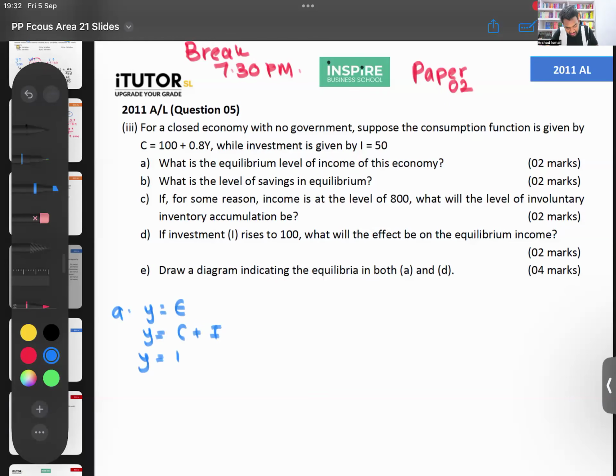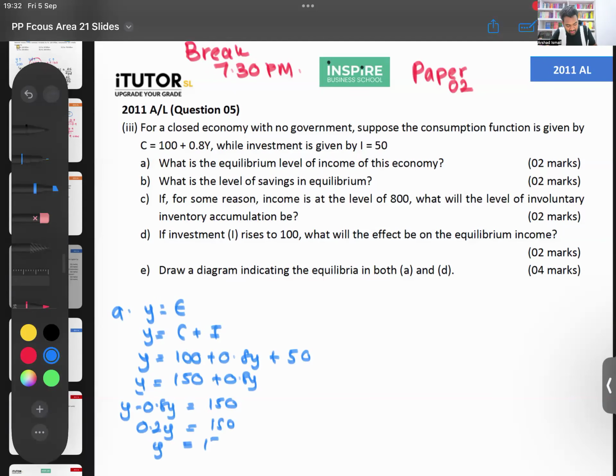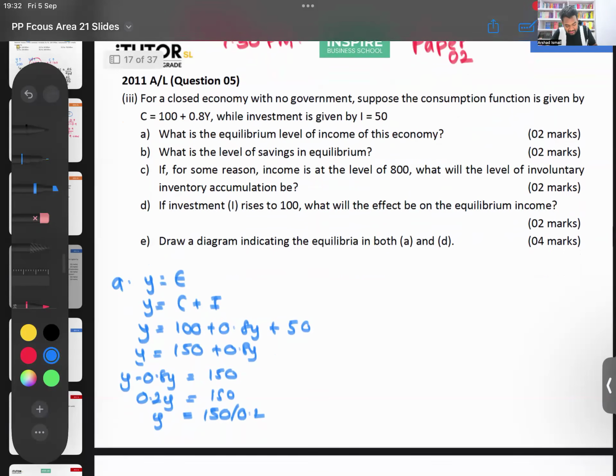So C is 100 plus 0.8y, investment is 50. So then you get y equals 150 plus 0.8y, y minus 0.8y equals 150, 0.2y equals 150, y is equal to 150 divided by 0.2. How much do we get? 750. And that's the first calculation.